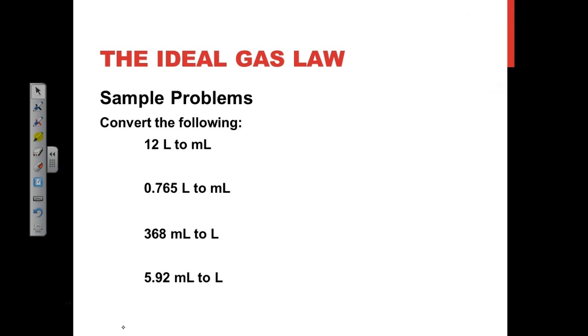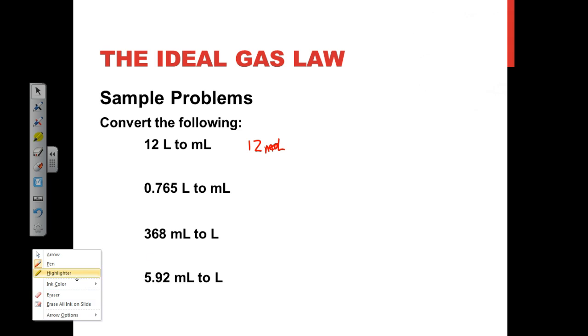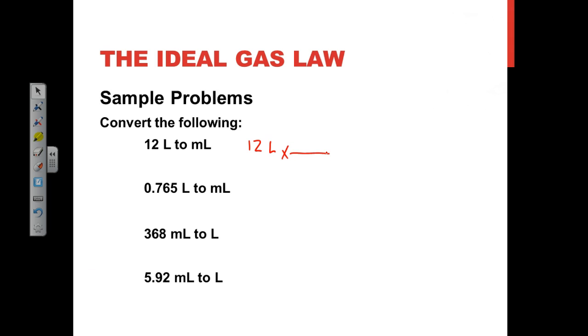Okay, so here's some sample problems. Let's set this up. We want to go from liters to milliliters. So we write the number that we start with, 12 liters, and we're going to set up an X line.